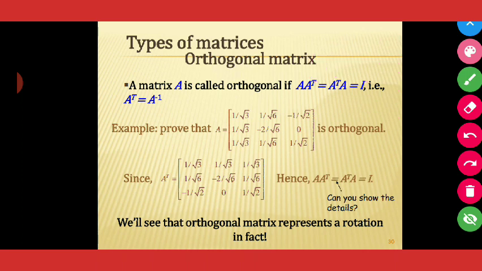In this case, A A transpose equal to I, then we can write by the property of inverse, A and A transpose are inverse of each other. Then what the condition becomes for orthogonal matrix? In orthogonal matrix, transpose of a matrix is equal to its inverse. Okay. This is an example. You can verify by substituting the values of A and A transpose.